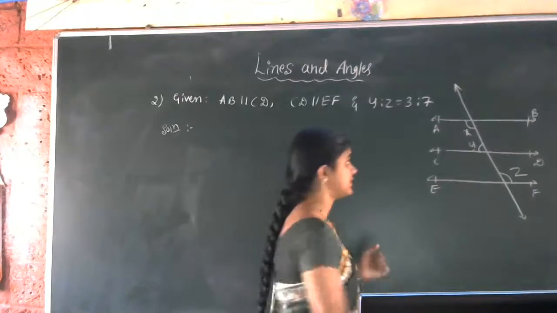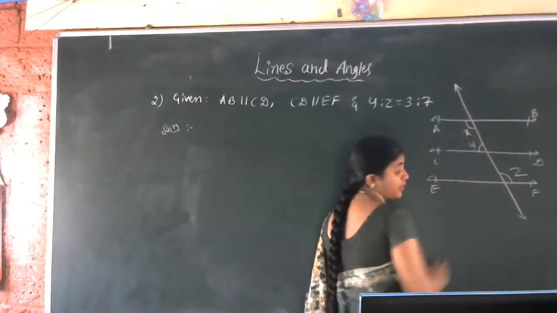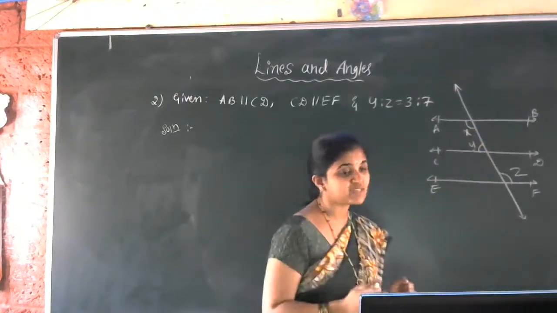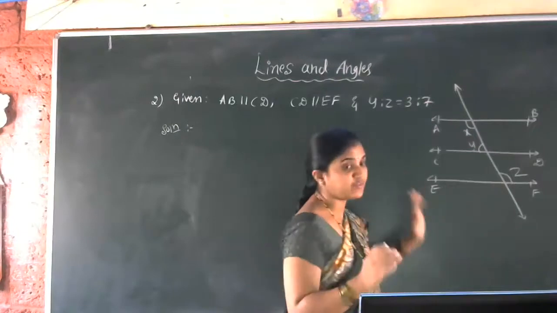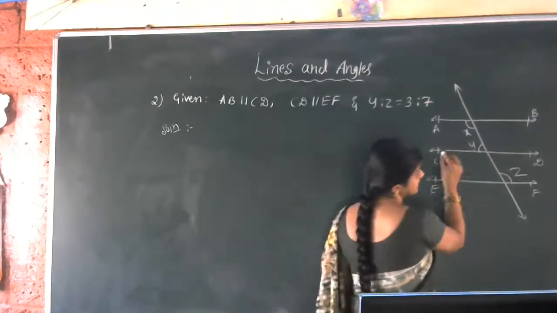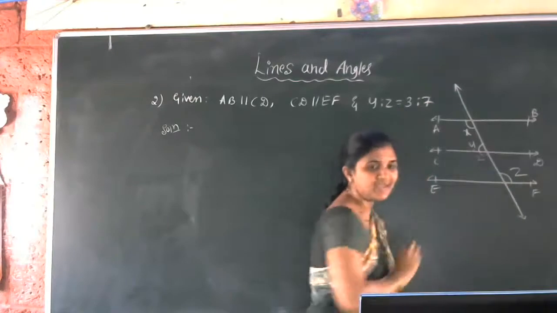Okay, some students say here x plus y is equal to 180 degrees. This x and y are forming interior angles on the same side of the transversal. Okay, that is okay. But for that, first we have to take this angle Z. Here also we'll get angle Z according to alternate angle.